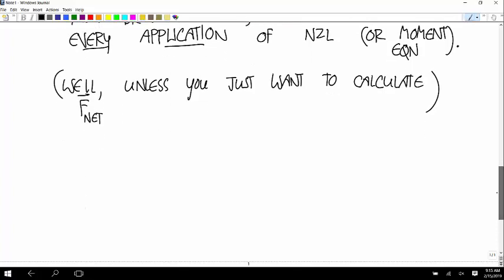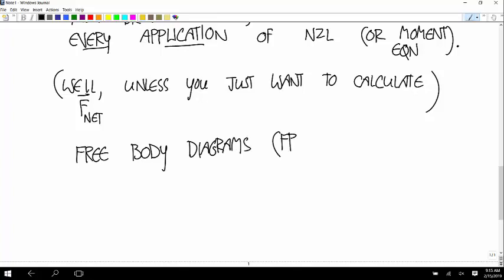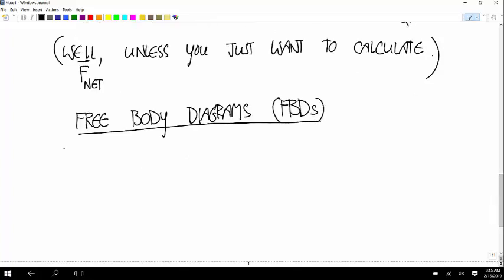But okay, so let's talk about what I want to see on free body diagrams. So first, draw a closed outline of the chosen body.